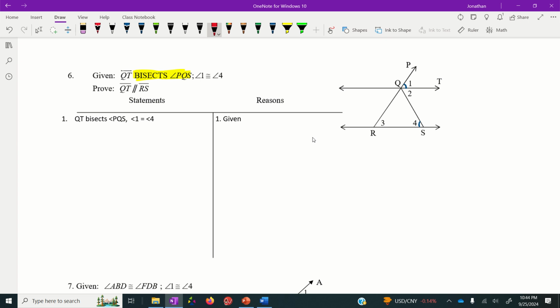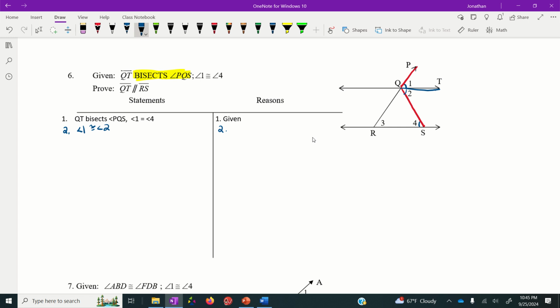So if QT bisects angle PQS, now angle PQS is this angle right here. So if I bisect it, remember it means cut in half, then I'm going to cut that line in half using QT. So angle 1 here is going to be congruent to angle 2. So right underneath, if we bisect the angle, we get these two congruent angles. So we're going to write angle 1 is congruent to angle 2.